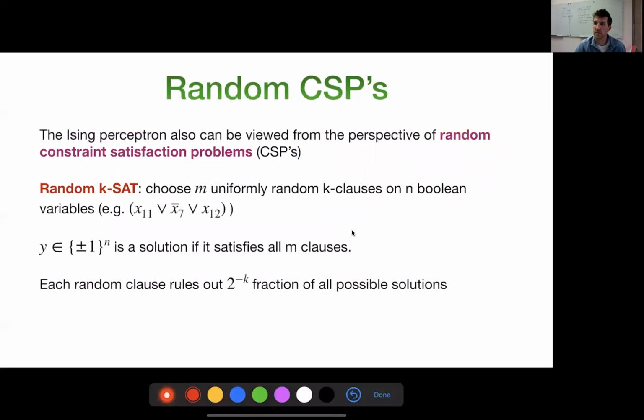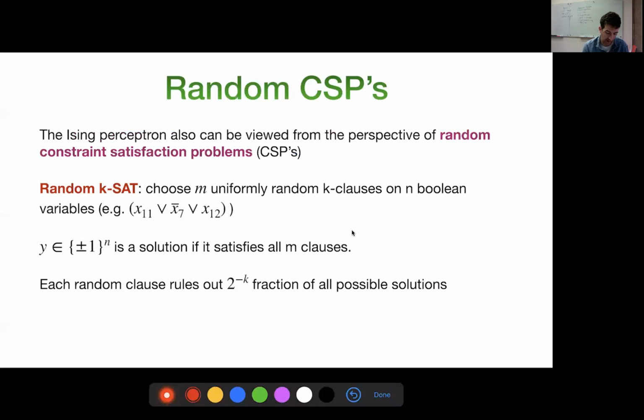Okay, but taking a different perspective, you can think of this as a kind of random constraint satisfaction problem. To remind you about random CSPs, the classic model is random K-sat. Here we choose m uniformly random K clauses on n Boolean variables. So if K is 3, a clause might look like x11 or not x7 or x12.